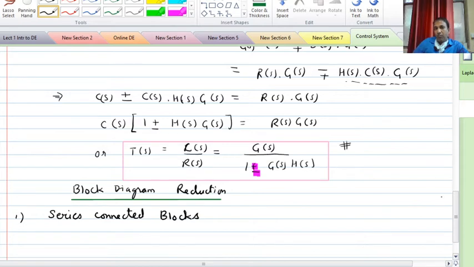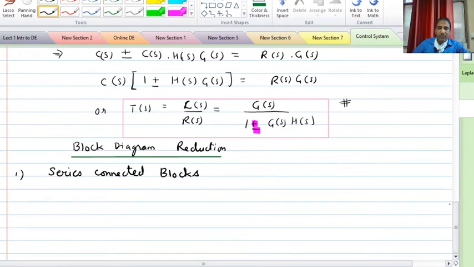Now if two blocks are connected in series, or two or more blocks, starting with the simple one, let us suppose we have two blocks here.